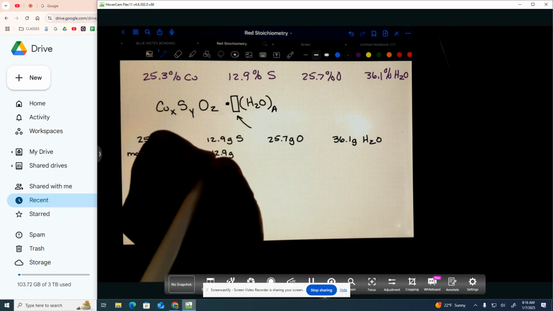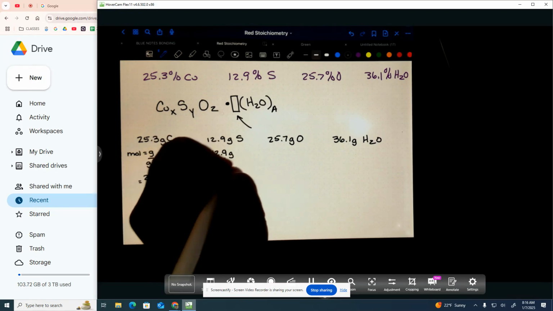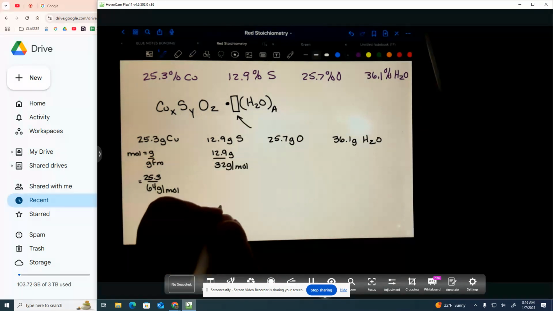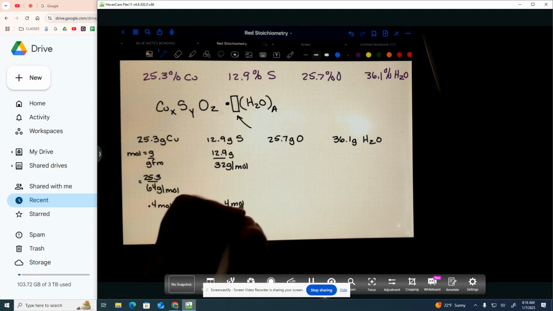Let's do the next one. 12.9 grams of sulfur divided by 32 grams per mole. 12.9 divided by 32.4. Oh, how convenient. 0.4 moles.